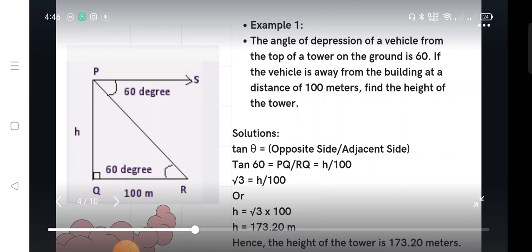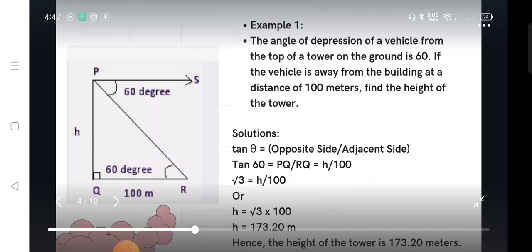So we know that we have here a formula which is tan theta is equal to opposite side over adjacent side. So the value of theta we have is 60. The opposite side is PQ over RQ, so height over 100.